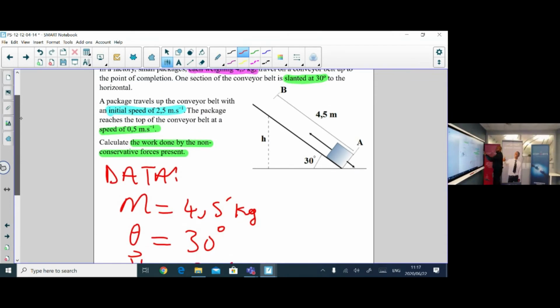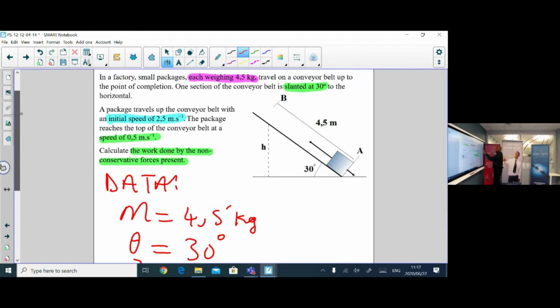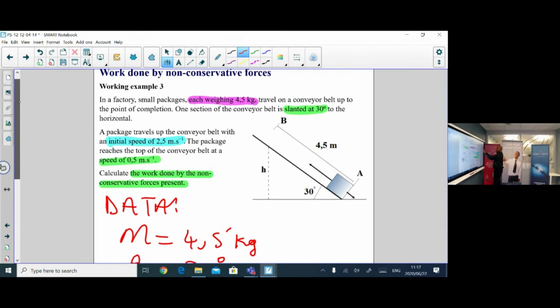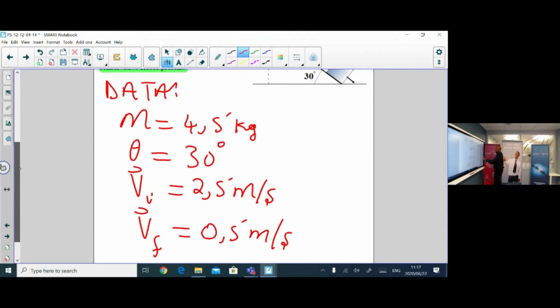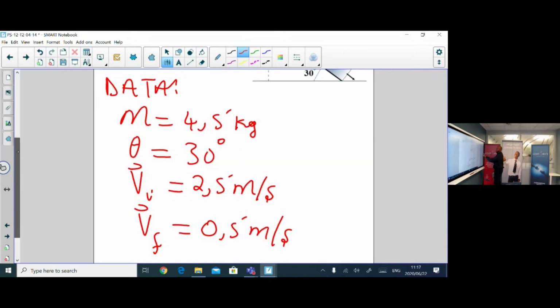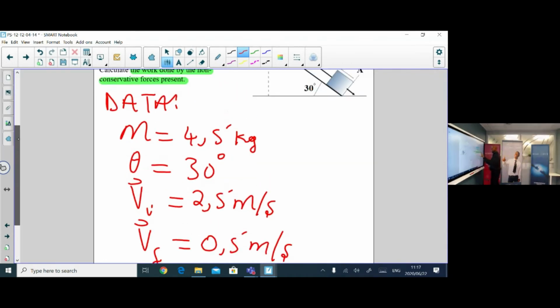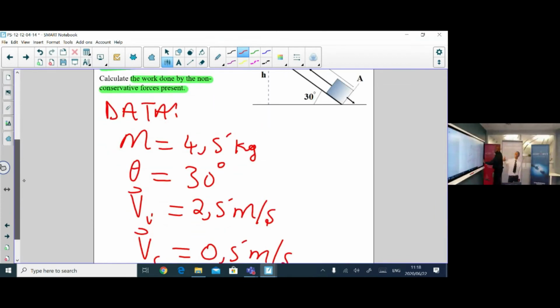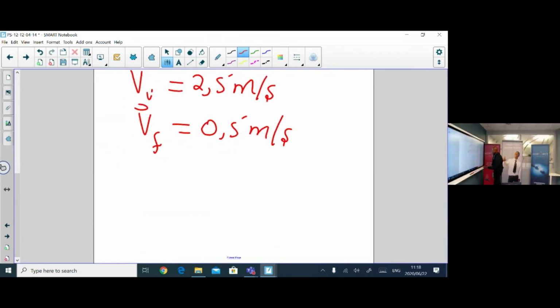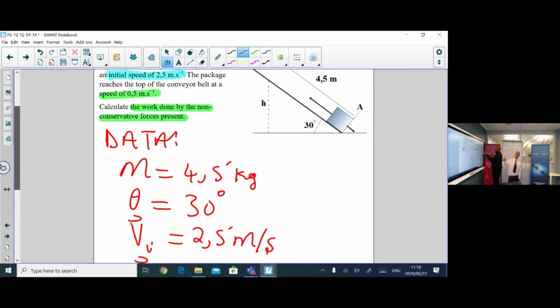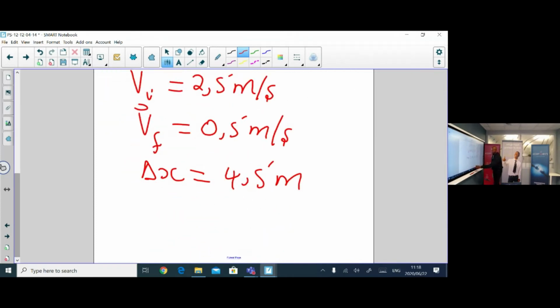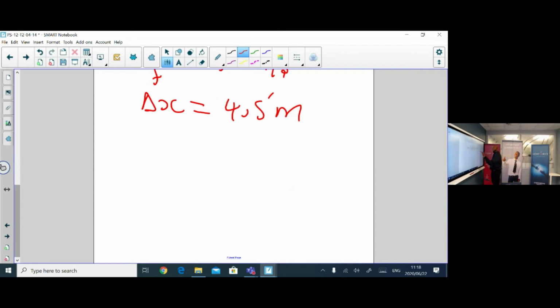And what else? Calculate the work done by the non-conservative forces present. We have been given something else again. From the diagram we have a distance covered. The distance covered, I can just say change in x, is equal to 4.5 meters. What are they looking for? Work done by non-conservative forces.